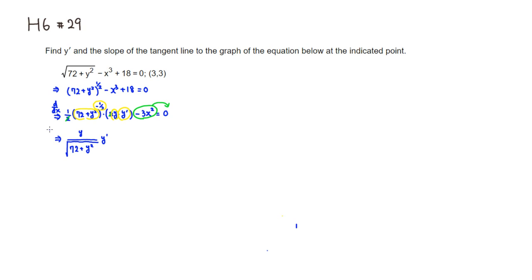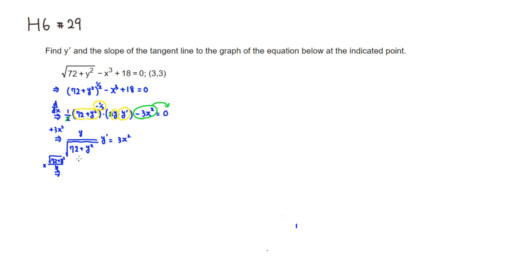I'm going to add 3x squared to both sides, so you get 3x squared on the other side. Since we want to isolate y prime, I'm going to multiply by the reciprocal of this guy, which is the square root of 72 plus y squared over y.